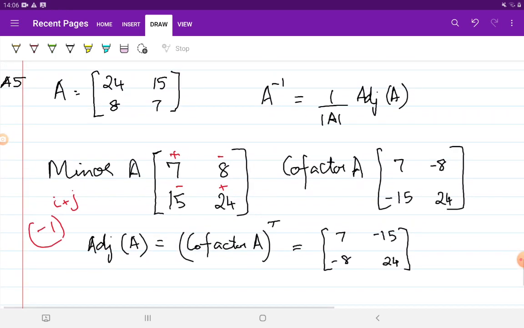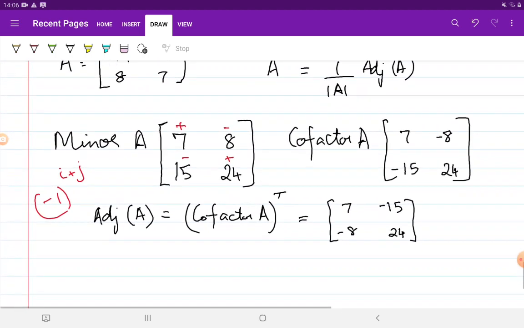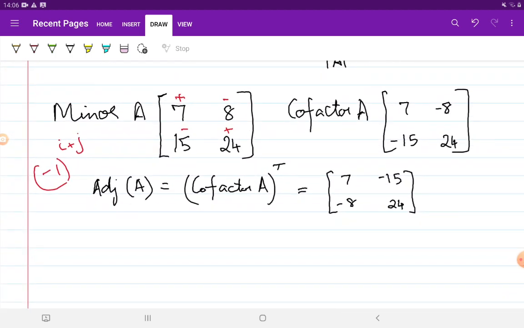Now looking at the formula, A inverse is 1 by determinant of A multiplied with the adjoint A. So what is the determinant of A?